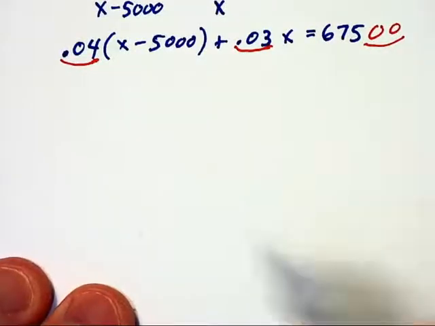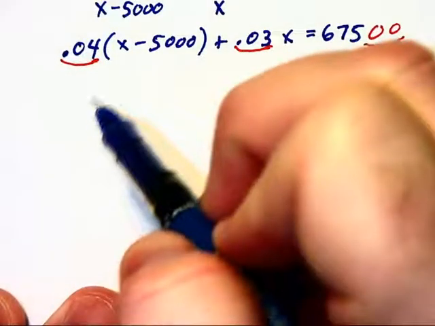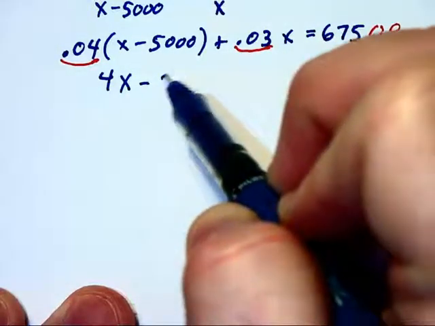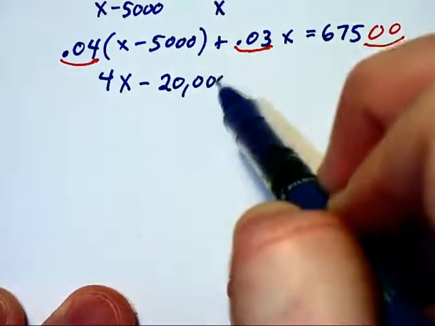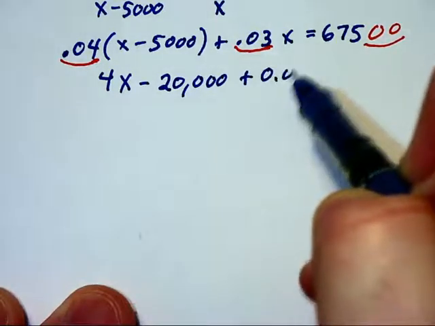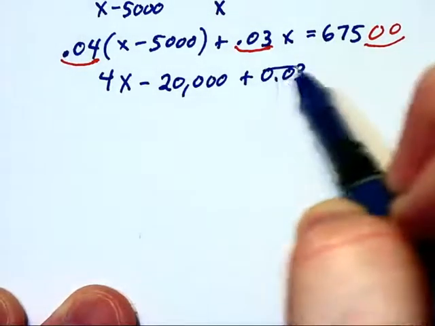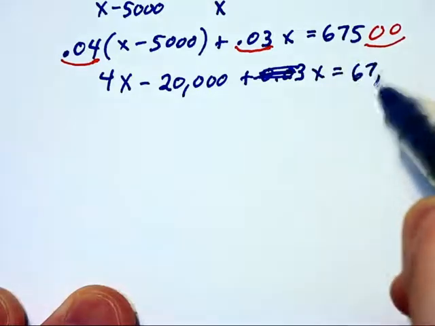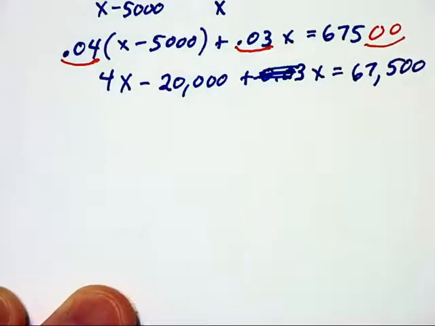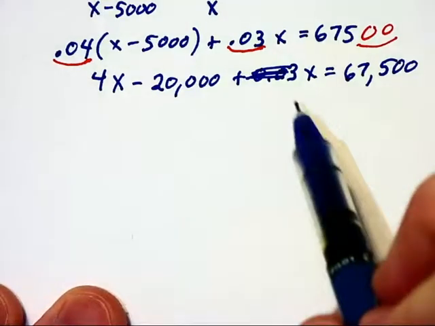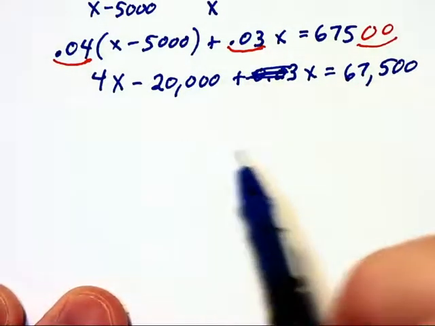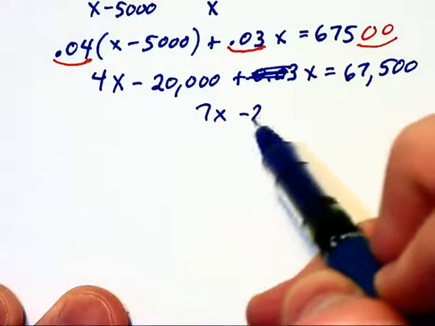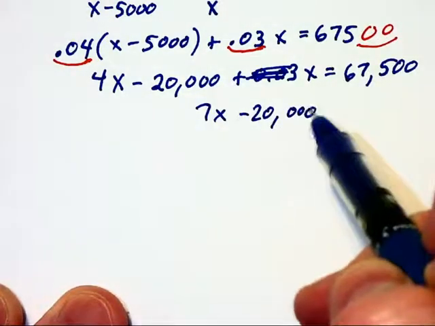And let's do the distribution. 4 times x gives us 4x minus 4 times 5,000, that's 20,000, plus, whoops, it's no longer 0.03, it's just 3x equals 67,500.